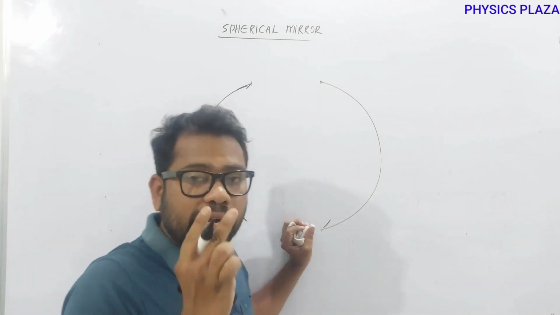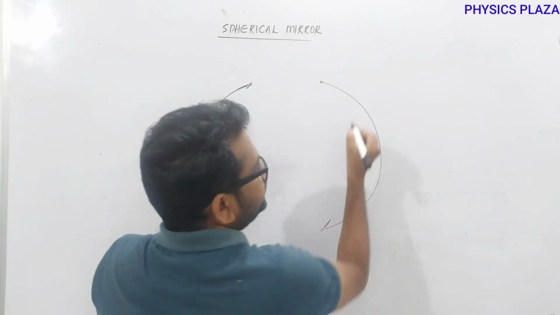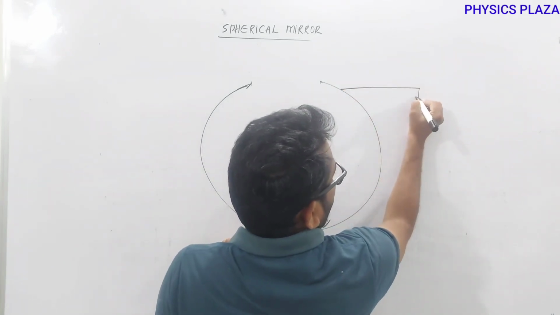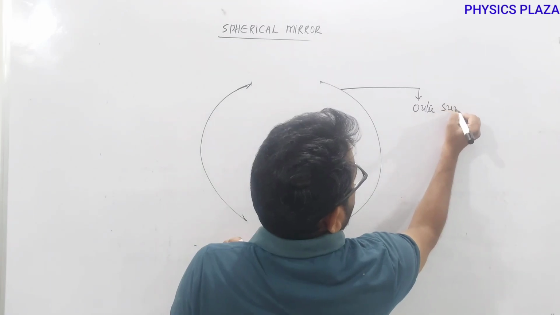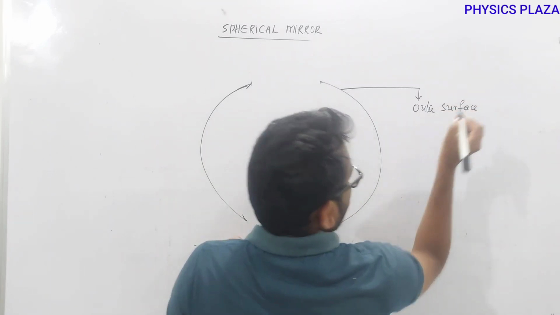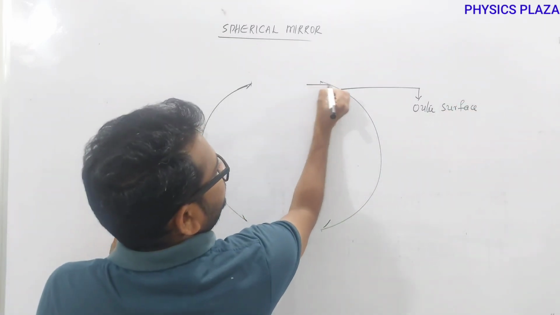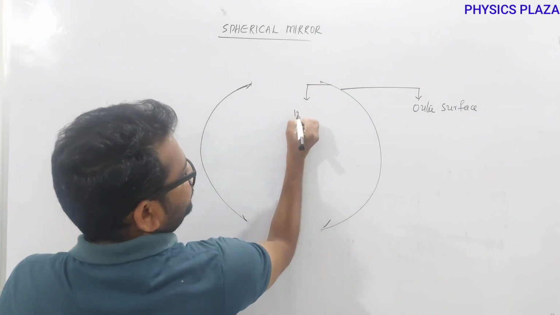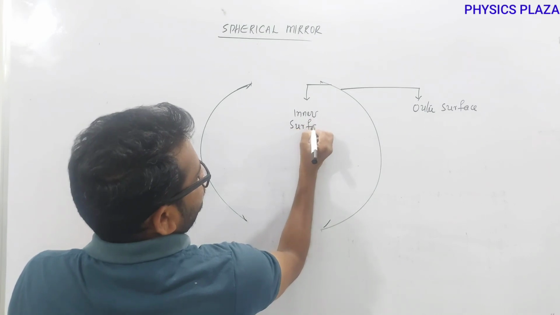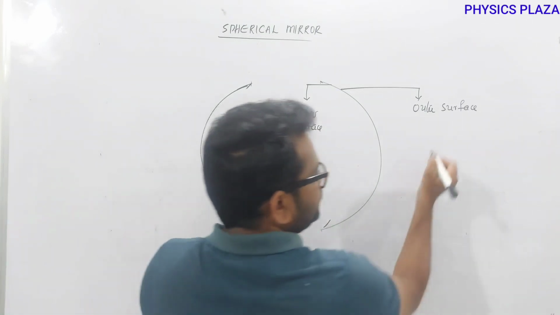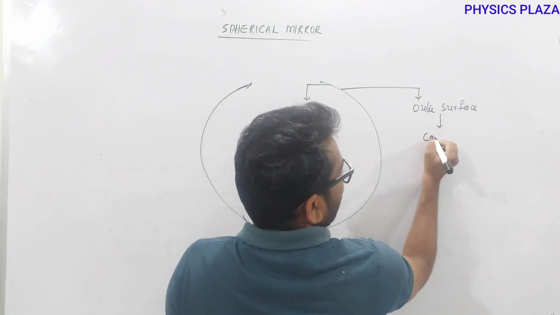Children, two scientific words are very, very important. This is the outer surface, and this is the inner surface. Children, this outer surface we call a convex surface.